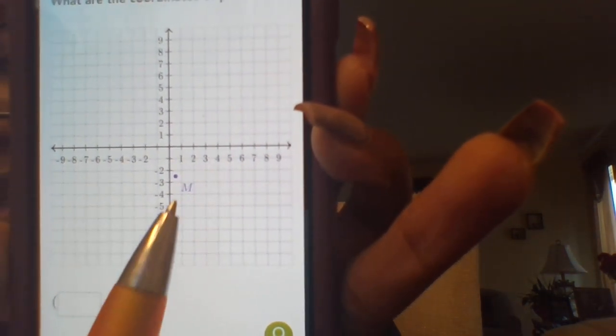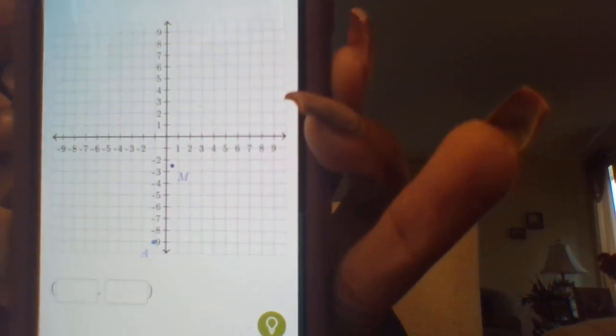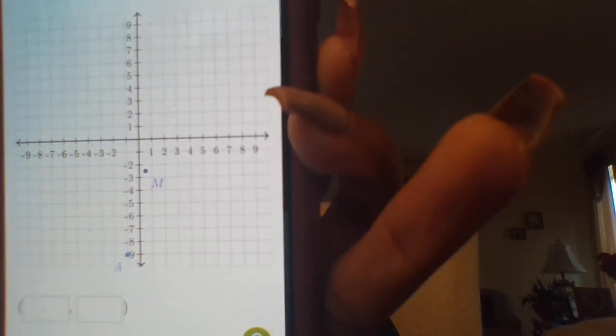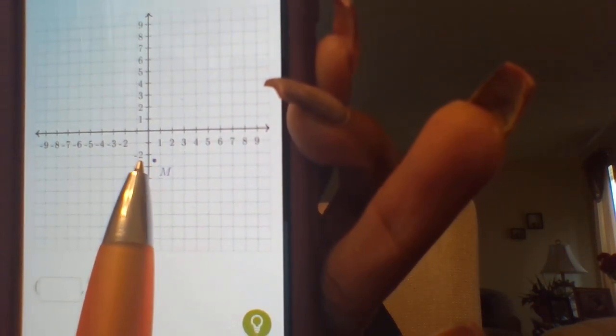To find the other endpoint, we know it has to be somewhere up here, right? Because it's a segment going straight like this. So let's try to figure out how much more we need to get to the other x value of the endpoint. If we're looking at the x values, this x value is -1, this x value is 0.5. We need to find this distance from -1 to 0.5.